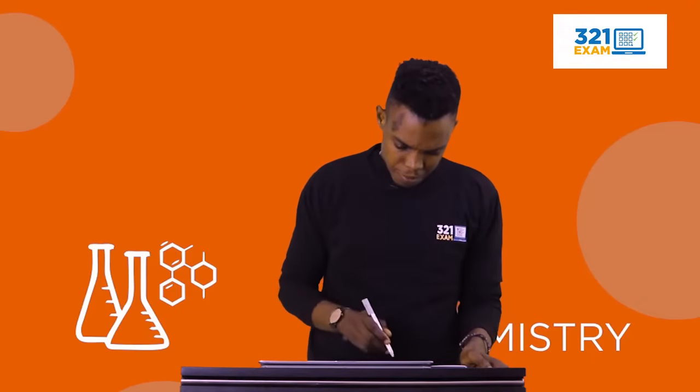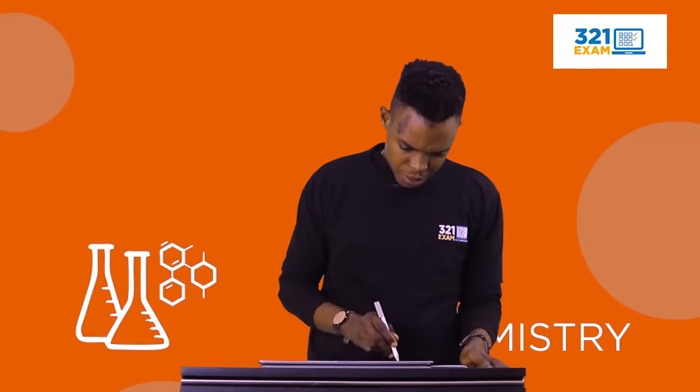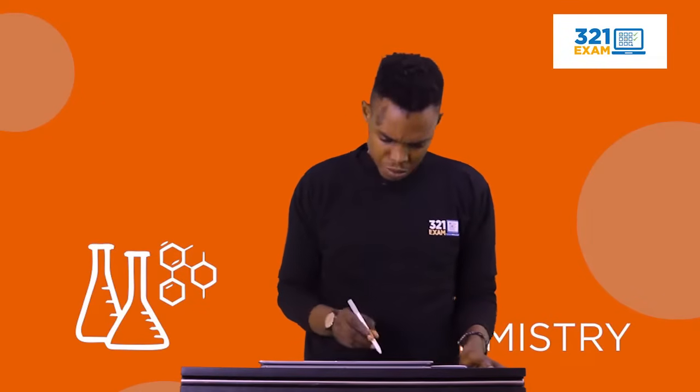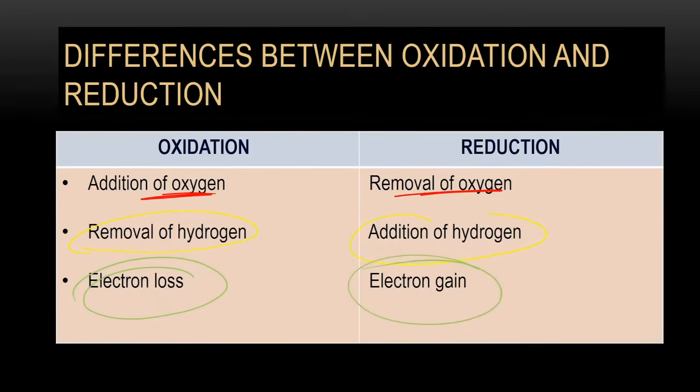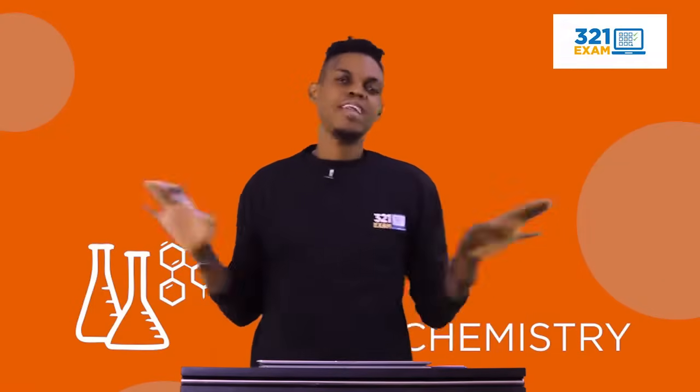Now, let's talk about oxidation and reduction based on electron loss and electron gain. Now, when you talk about oxidation, it is a substance that donates electrons. That means they lose what? Electrons.